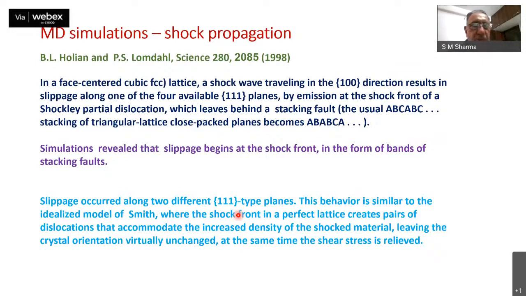But before that, let me show the theoretical insights into what happens in the material when a shock is launched into it. There have been shock simulations, molecular dynamics simulations, and the results are that if a face-centered cubic material such as gold is subjected to shock compression along the 100 direction, which is a cubic isometric direction, then there is a slippage along the four available 111 planes by emission of Shockley partial dislocations.